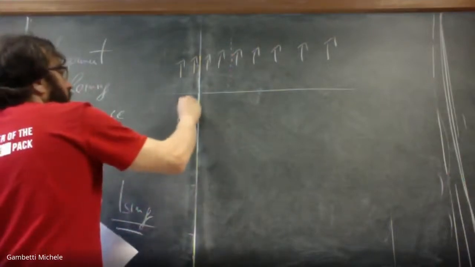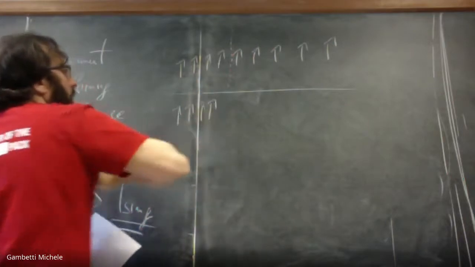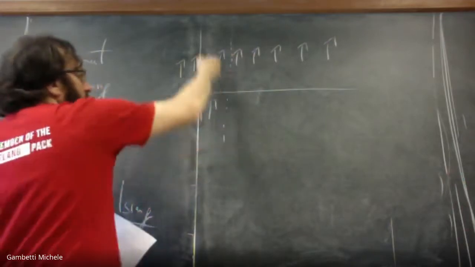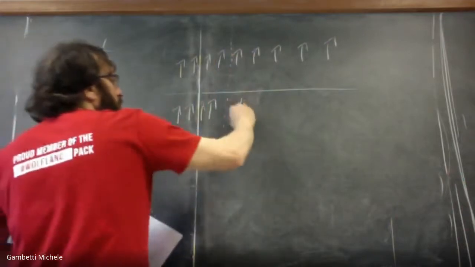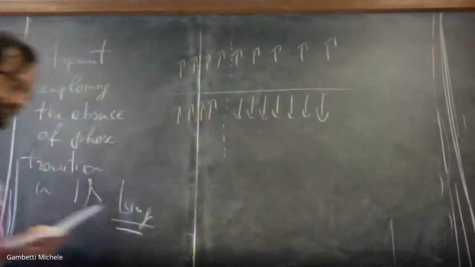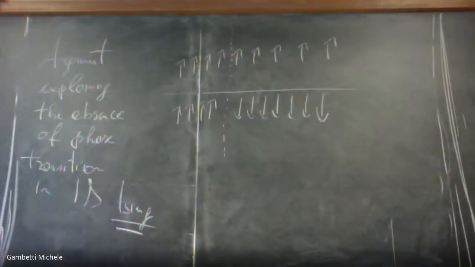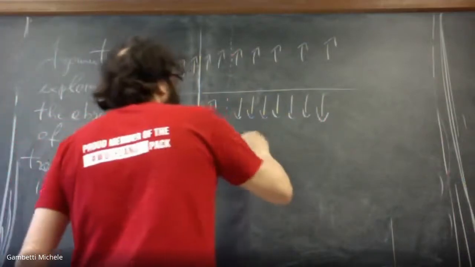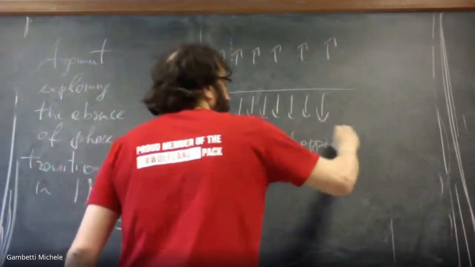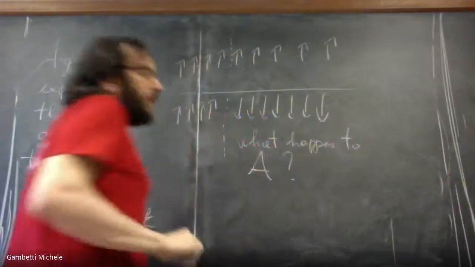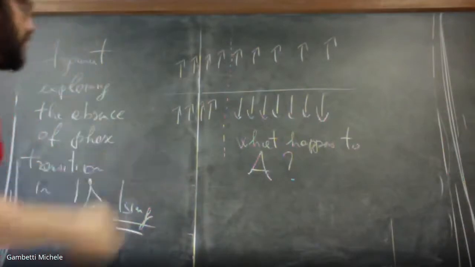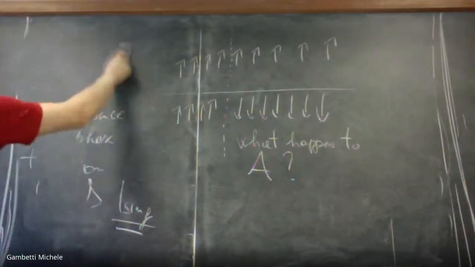So for instance, let's do the following. We take the four on the left and leave them as they were before, and we switch the direction of all the others. Okay? Now the question is, what happens to A, the Helmholtz free energy, when you do such a change in your spin system.